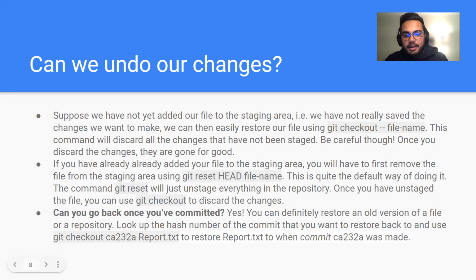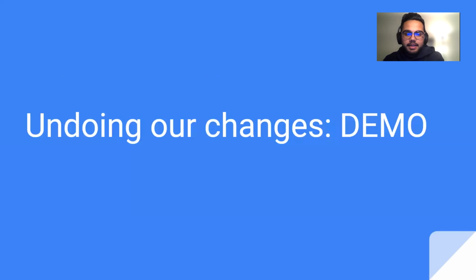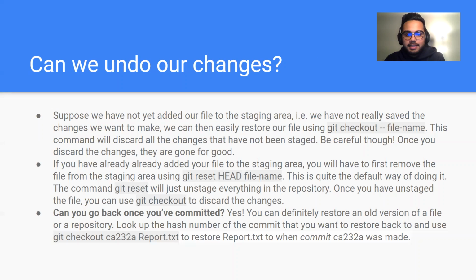Then you can just use git checkout and the hash number that you want to go back to, and this will take you to the file version when that commit was made. That's essentially what's going to happen. So I think I should give you guys a demo on how to do that.